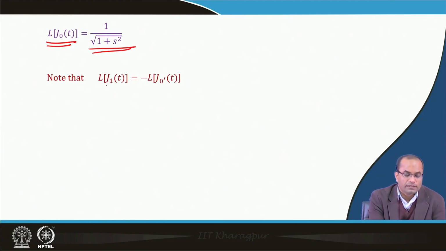We know that J1 is equal to minus the derivative of J0.